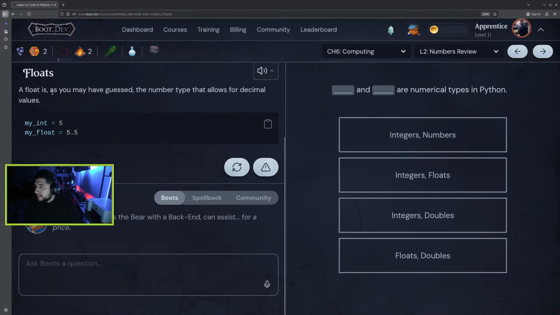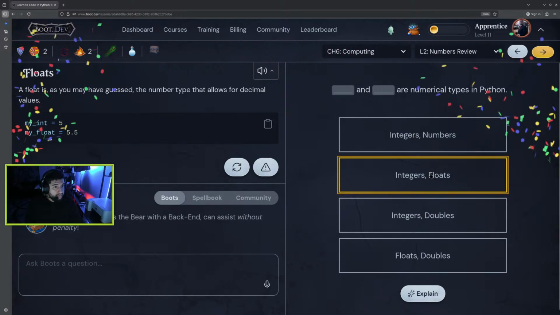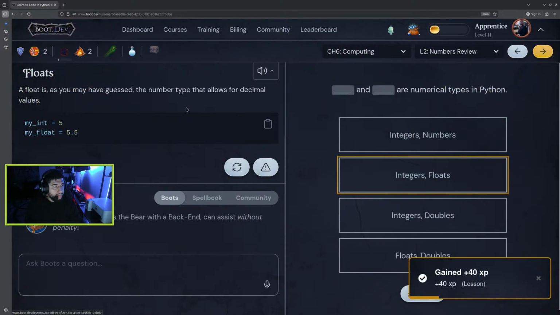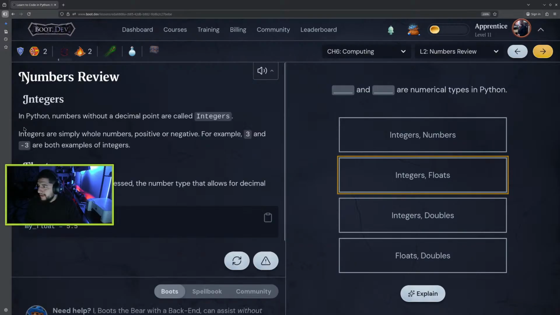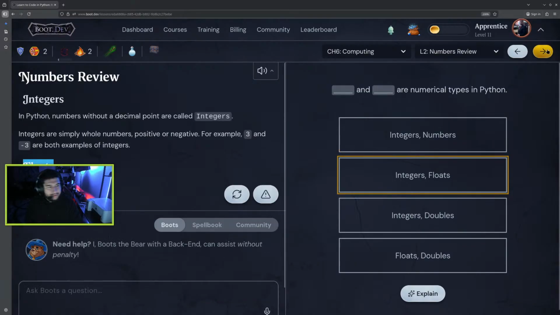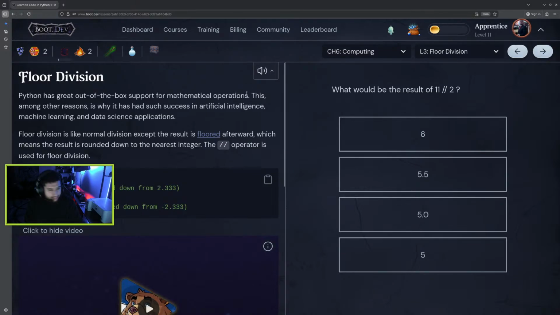A float is, as you may have guessed, a number type that allows for decimal values. my_int equals 5, my_float equals 5.5, and a blank and blank are numerical types in Python. Integers and floats. Alright. It's only talking about integers and floats. Alright.